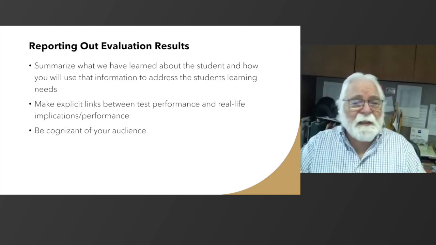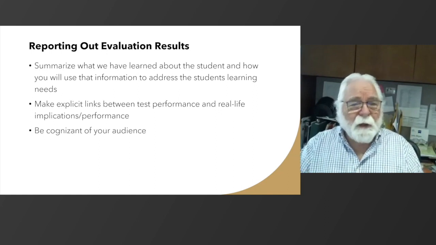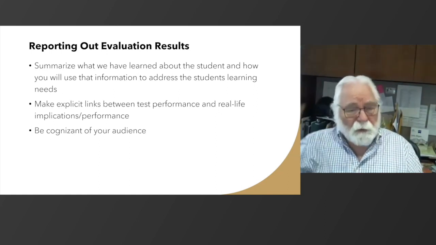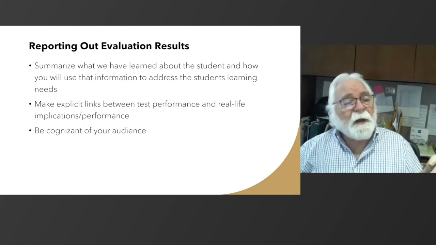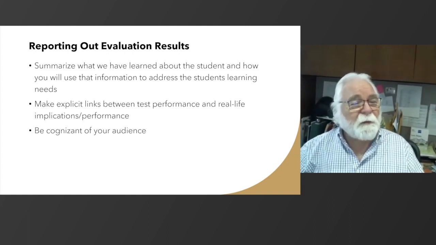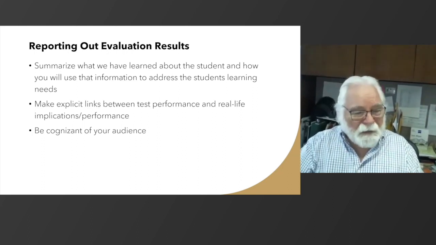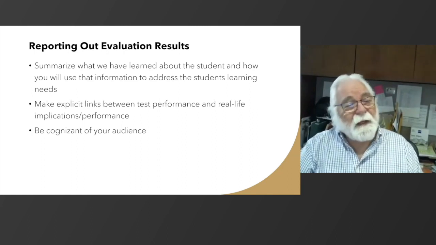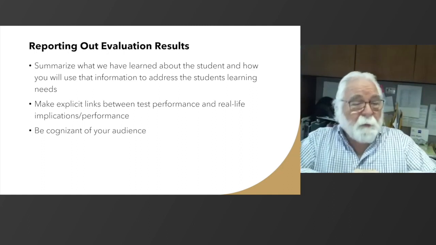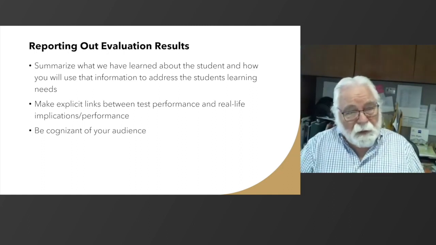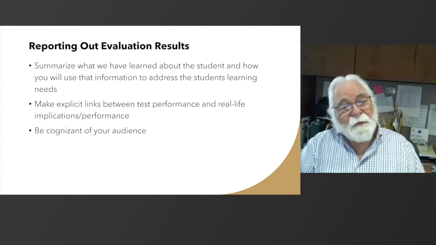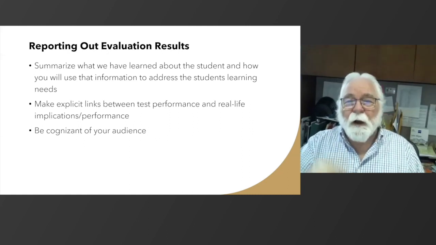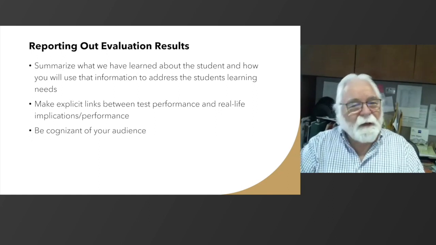So, how are we going to use this data? We've summarized how we're going to use the data to meet the individual's needs. Anytime you can, make explicit links between test performance and real life implications. Here's a big one that frequently pops up: a youngster with processing speed challenges is frequently characterized as being oppositional, non-compliant, and just kind of frustrating to deal with.